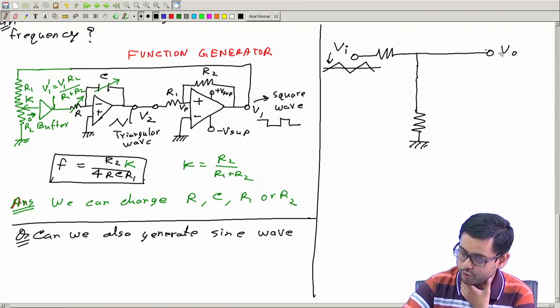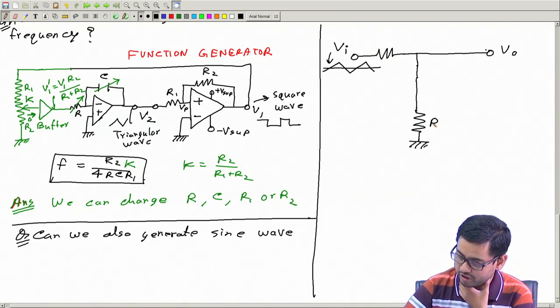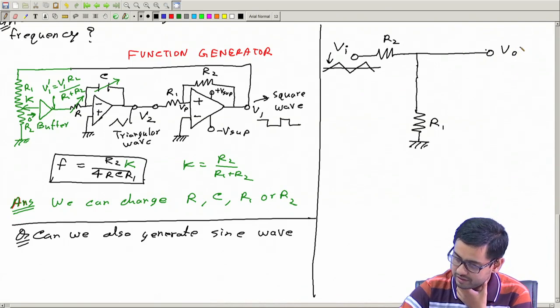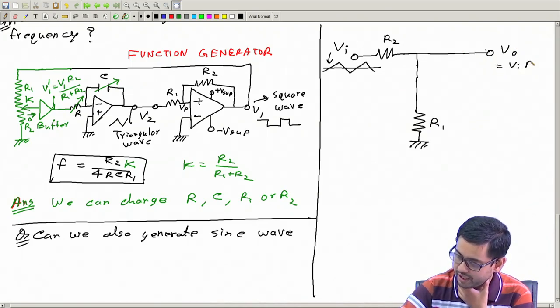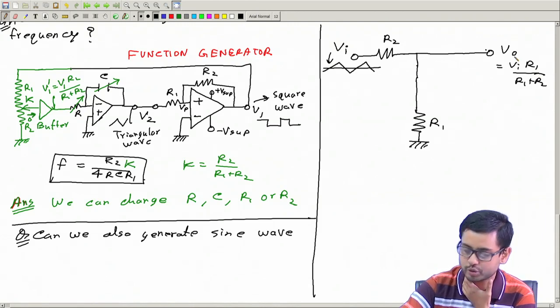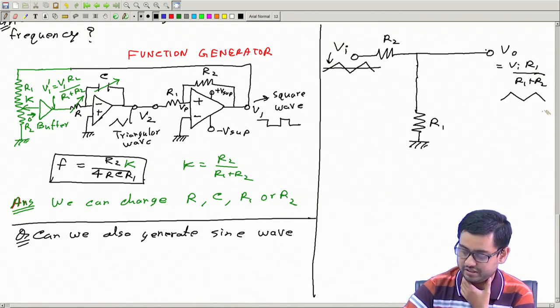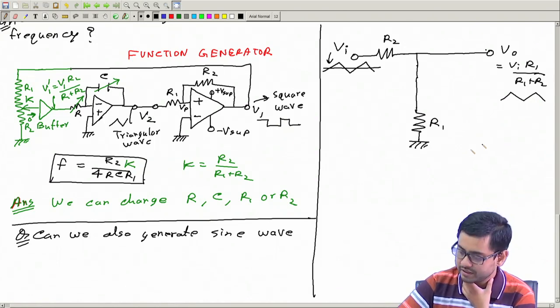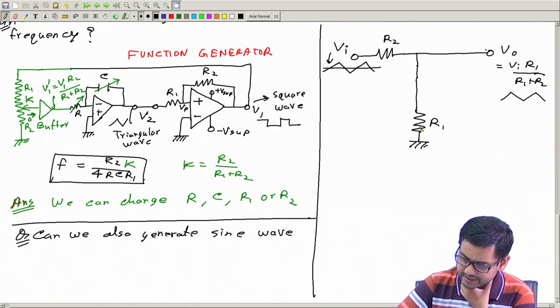Because output is simply, if I call this R1, if I call this R2, now this is simply Vi multiplied by R2 by R1 plus R2. So, if this is triangular, this will also be triangular, quite natural, with a reduced amplitude, right? Okay. Now, I shall modify this circuit.